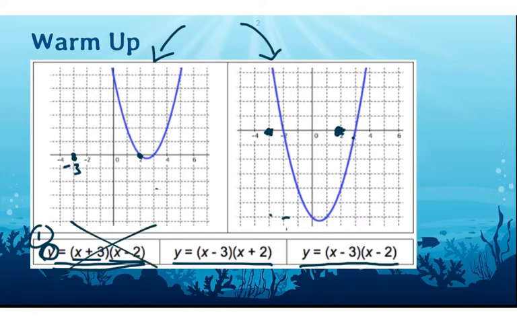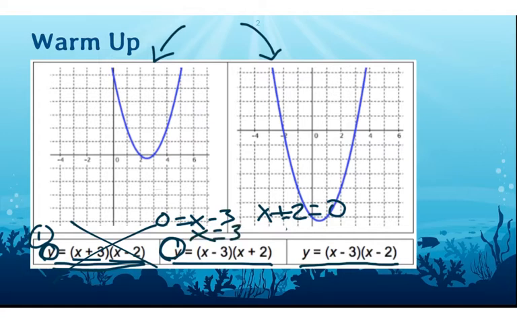Okay, now again, if I change this to 0, and I've got x minus 3 equals 0, and x plus 2 equals 0. Let me erase these. All right, let me figure out what my roots are. So for the first one, if I add 3 to both sides, I should get x equals 3.